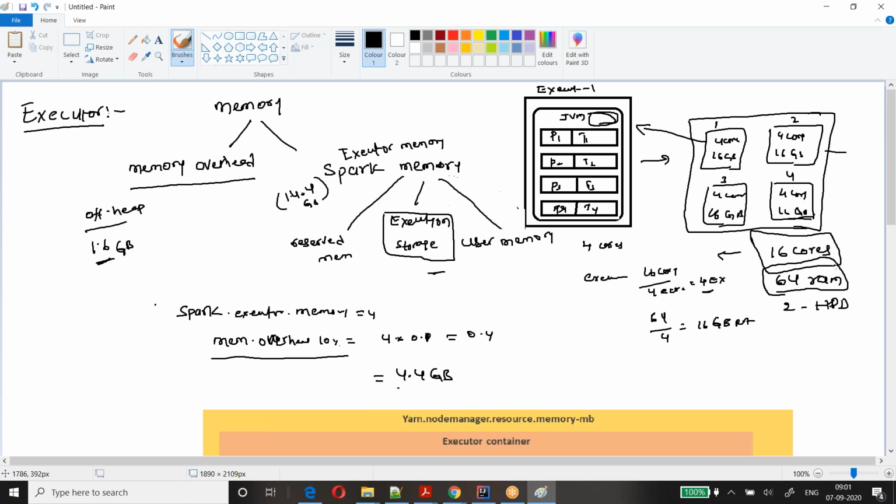Also, your Yarn application master requires some amount of memory. So one core and about 1 GB of RAM we will take out, and then we will calculate with the remaining. These things we'll discuss in detail in the next session.